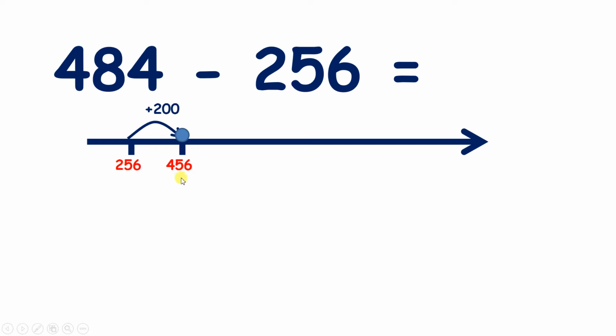So let's make 476. If we have 5 tens, we need 2 more tens to make 476. Now we can add 4 to make 480, and another 4 takes us to 484.